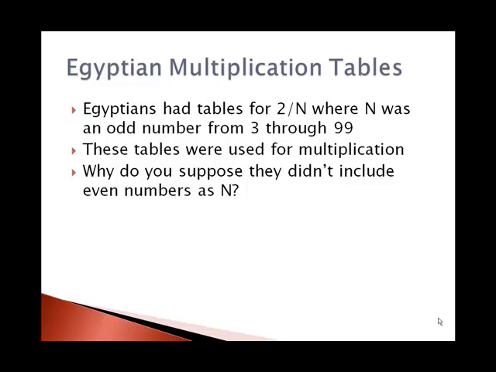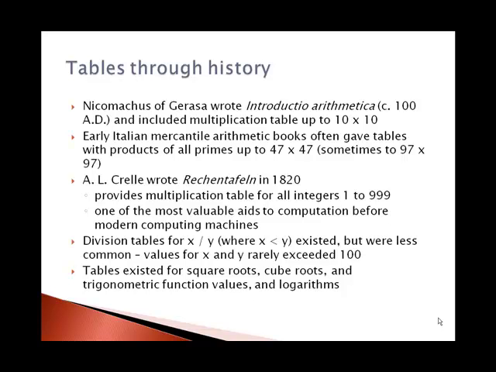Throughout history, multiplication tables were used. Nicomachus of Gerasa wrote an influential book, Introductio Arithmetica, in 100 AD, and included a multiplication table up to 10 times 10. That doesn't seem like a big deal to us because by 4th grade we've all made these tables, but it was a big deal the first time it came out. Some Italian merchant arithmetic books often gave tables with products not of all numbers but just primes, some up to 47 times 47 and some up to 97 times 97.